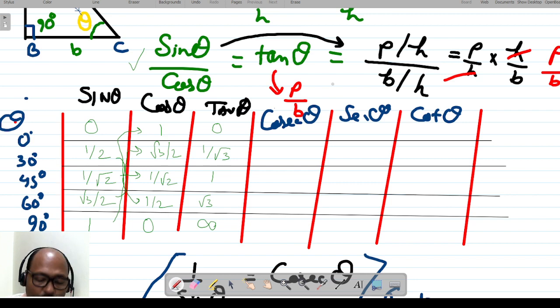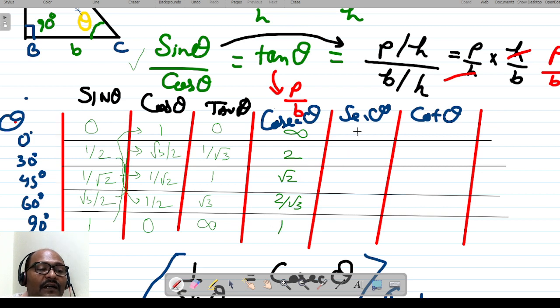Cosec 0 is 1 by 0, that means infinity, right? Cosec 30 is 1 by 1 by 2, that means 2. Cosec 45 is root 2. Similarly, for root 3 by 2 it will be reversed, then 2 by root 3. Then 1 by 1 will be equal to 1.